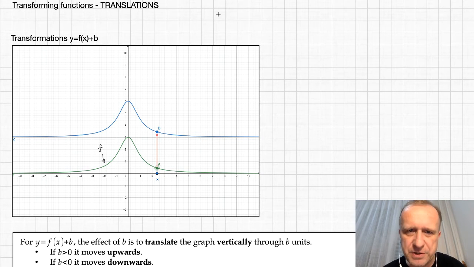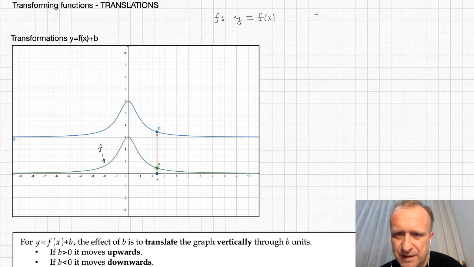The function f is the function given by the formula y equals f of x, and the f is quite general. This formula might be anything. This is just a way in which you assign a value to a number x. Imagine you start with a number x on the x-axis given by this point here, and you assign the function value f of x to it.